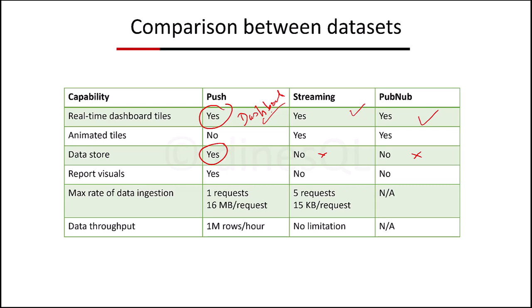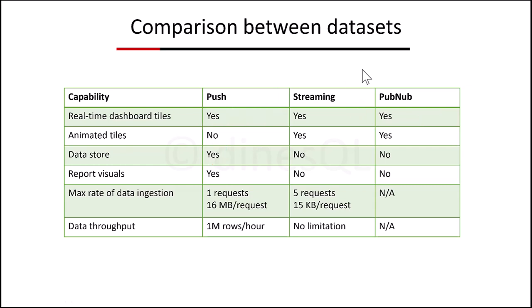If you enable historical data with push dataset, you can have report visuals. A couple of data ingestion rates have been given for your reference. If you go through the Microsoft docs, you can find all these limitations and some additional information. This is just for making sure that you understand the differences between these three types.